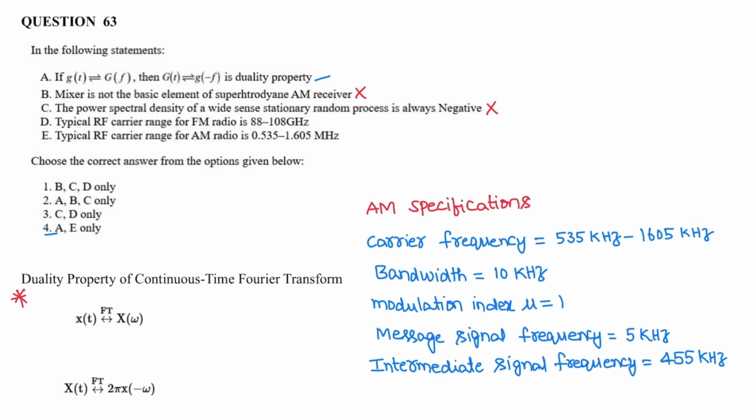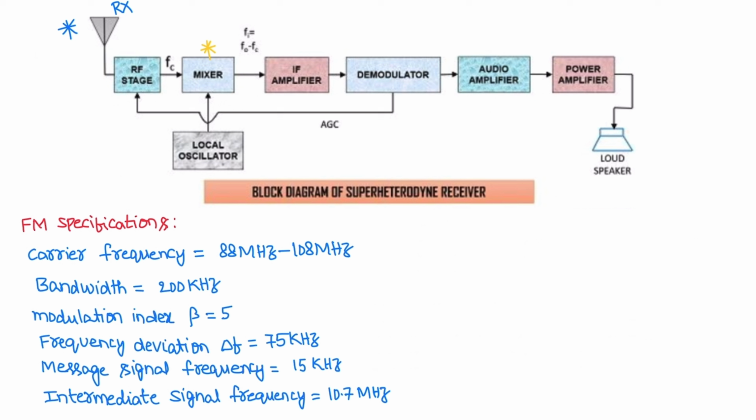Statement D. Typical radio frequency carrier range of FM. Let us see frequency modulation specifications. FM carrier frequency range is 88 MHz to 108 MHz, bandwidth 200 kHz, modulation index 5, frequency deviation 75 kHz, message signal frequency 15 kHz, intermediate frequency 10.7 MHz.